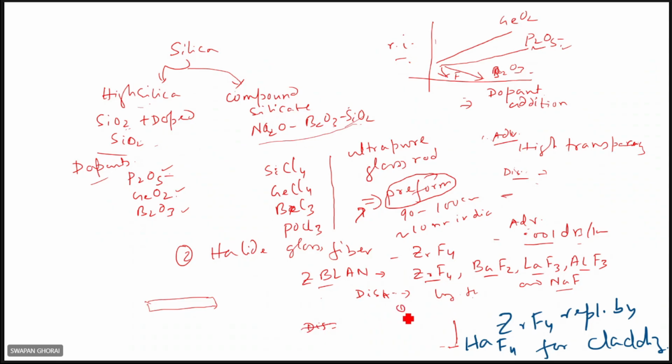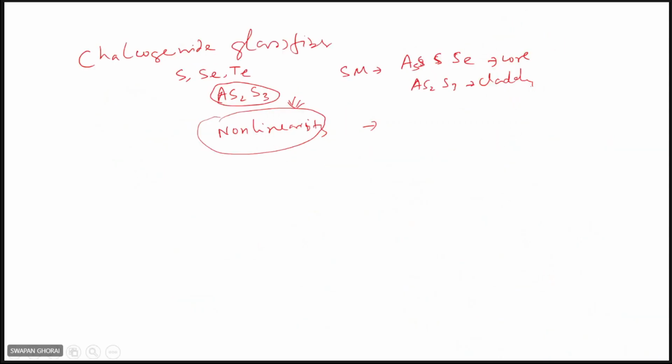Number two is that it can form microcrystals that will create scattering losses. So these are the disadvantages of the fluoride glass, right?